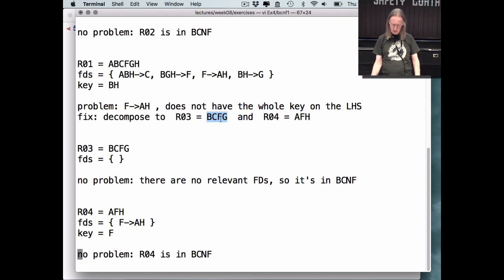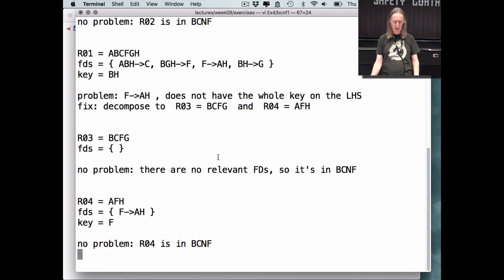I can't see any, so we don't have H in this table, so that functional dependency doesn't apply either. Right, so basically there are no functional dependencies on this table, so therefore we can't find a counterexample that violates BCNF, so we say it's in BCNF.